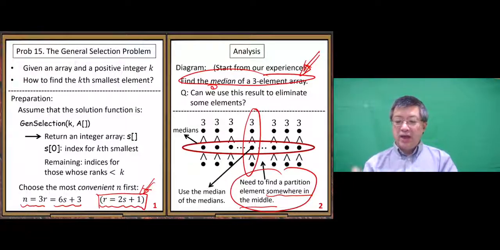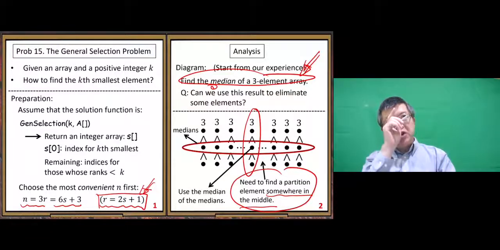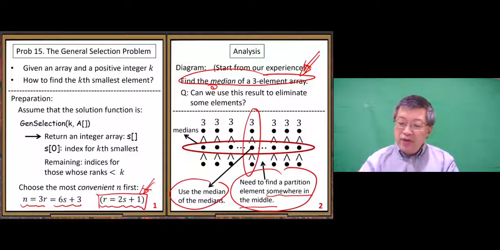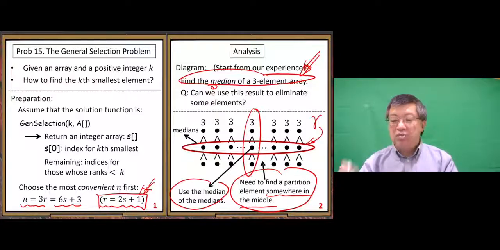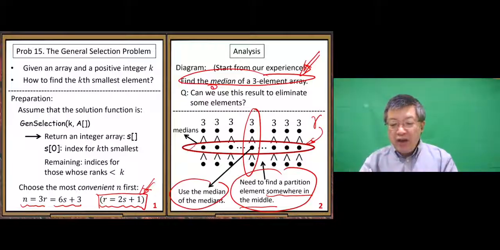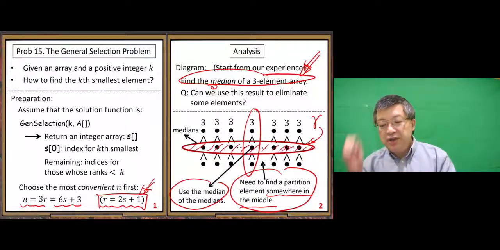Next, which special element do we pick for the partition element? This one we pick. Use the median of the medians. So look at all these R medians. In this red circle, we have R medians. Now, can we find the median of these five R medians?